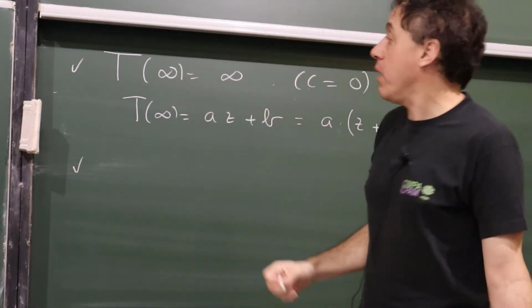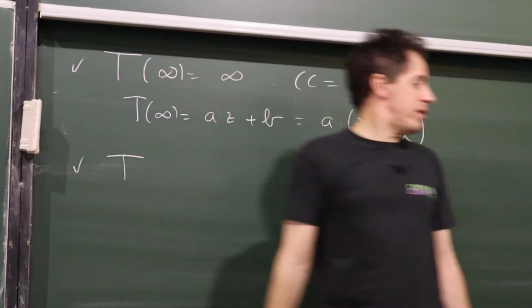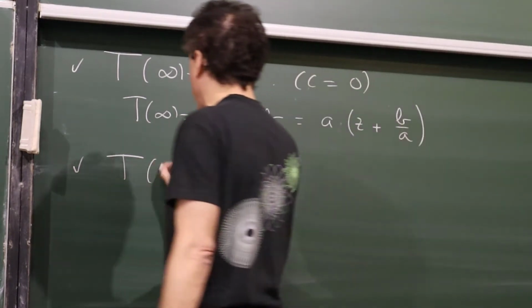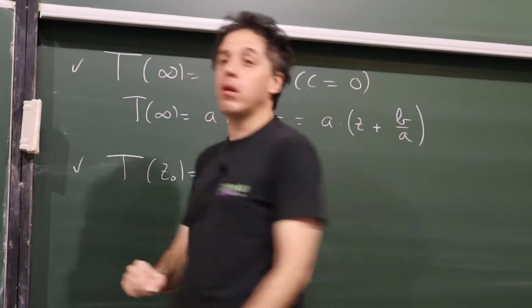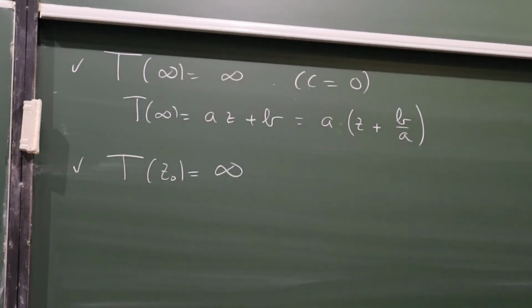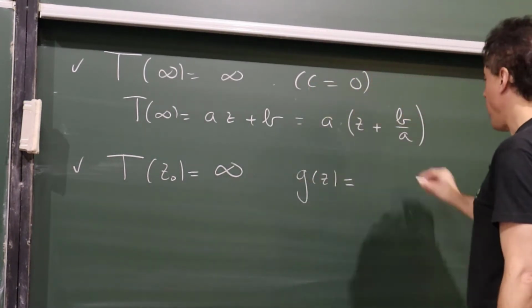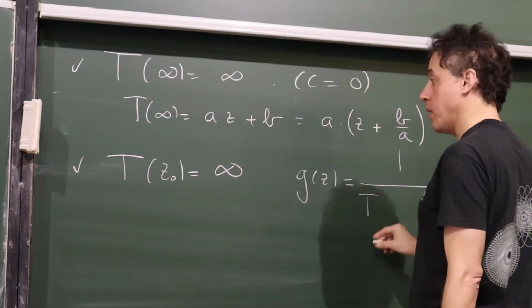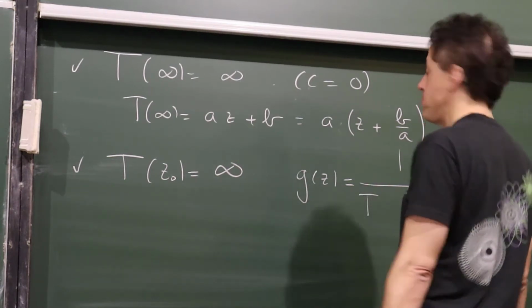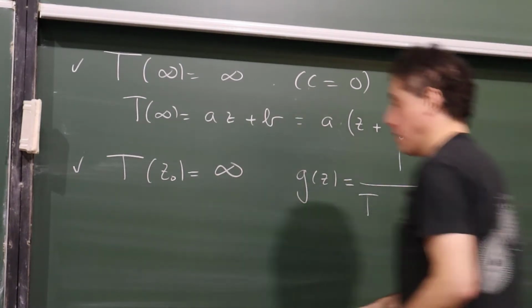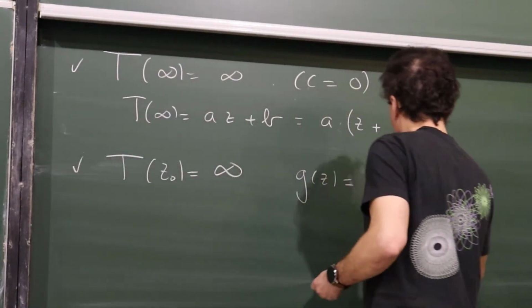And if not, let's say T sends some point Z0 to infinity. We could consider in this case the map, sorry, not this map, I made a mistake.